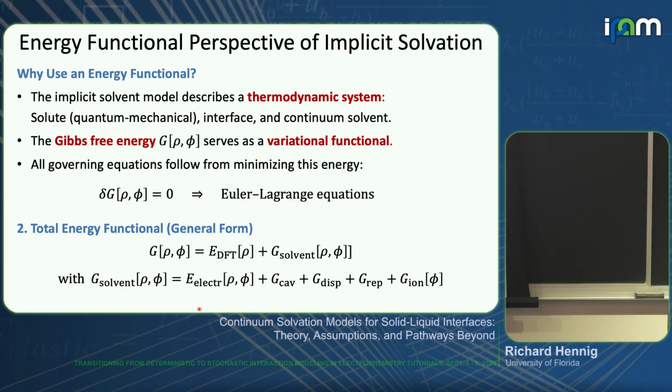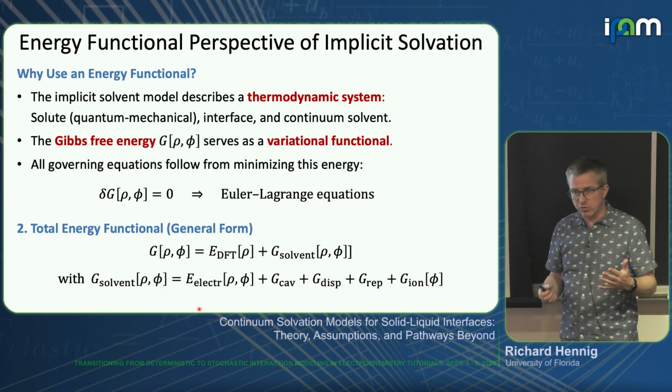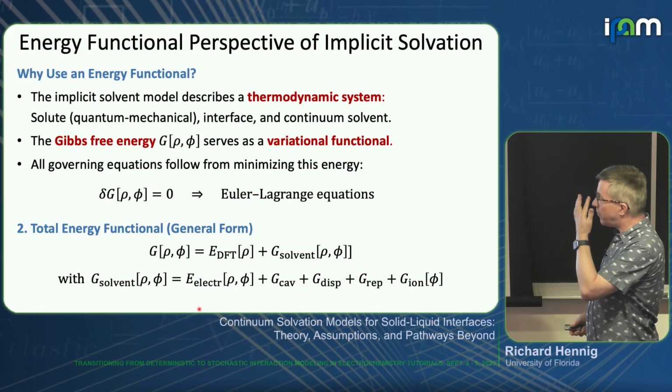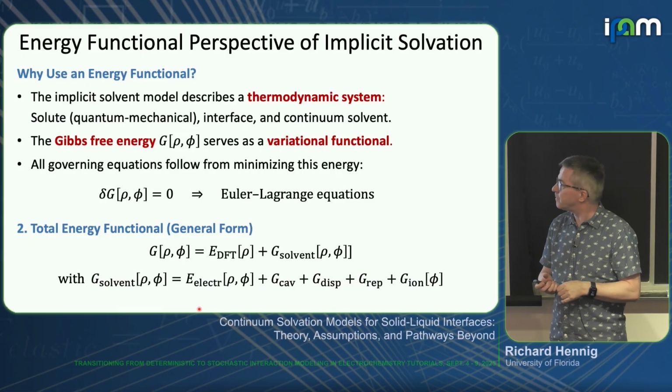My Gibbs free energy here will depend on the charge density. We're going to see that in most of the expressions, this will just be the charge density of the electrons in the quantum mechanical solute electrode region, and we have the electrostatic potential. When you have the Gibbs free energy depending on multiple variables, and you have to minimize the Gibbs free energy to get to the thermodynamic ground state, you have to do variational minimization with respect to all these variables.